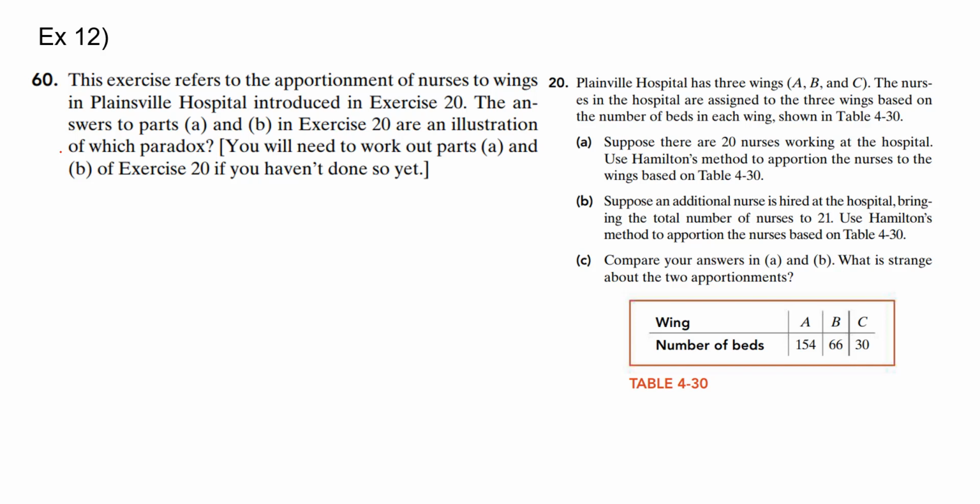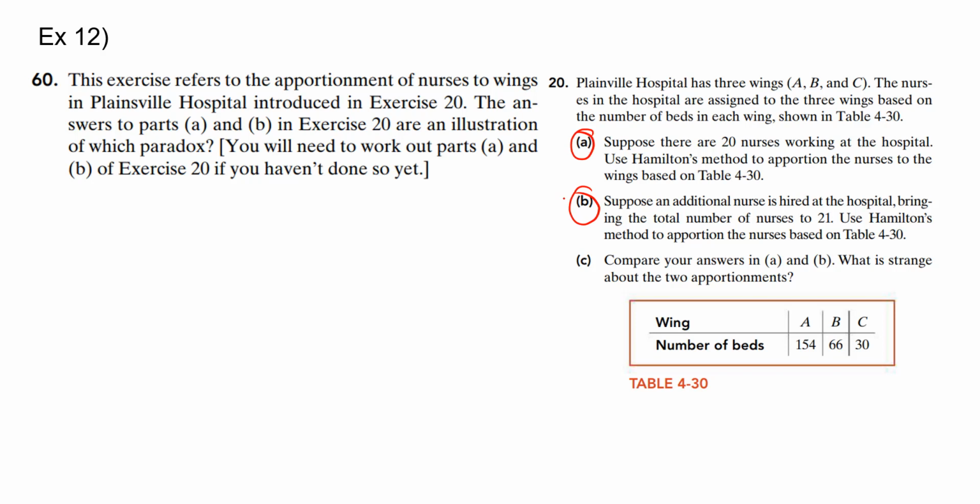This exercise refers to apportionment of nurses to wings in Plainsville Hospital, introduced in exercise 20. Great, so I put exercise 20 on the side over there. The answers to part A and B, so this answer and this answer in exercise 21, is an illustration of which paradox? So we have Alabama paradox, population paradox, and new state paradox, right?